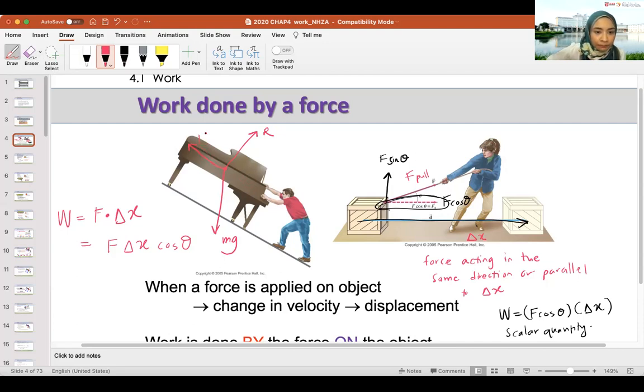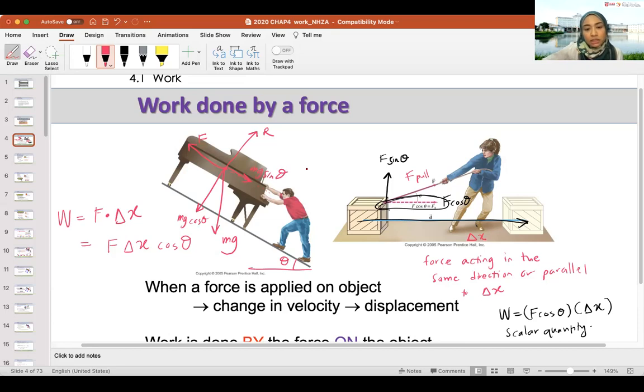Macam ni. So R, F, MG. So anggap ni ada angle, some angle. We don't know what the angle is. So we resolve this guy to be mg cosine theta. And this over here will become mg sine theta.